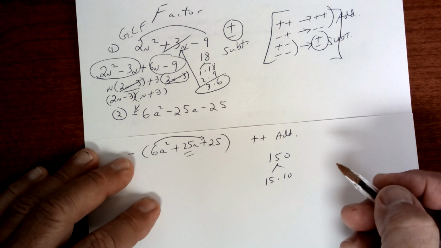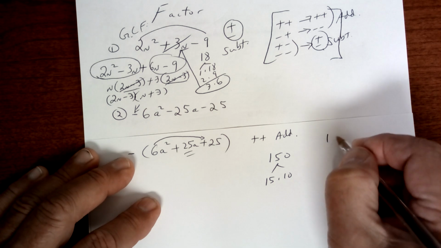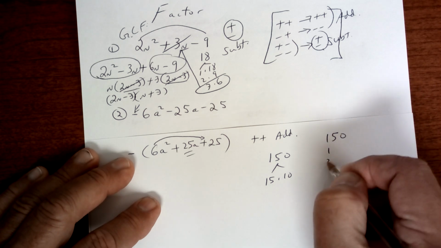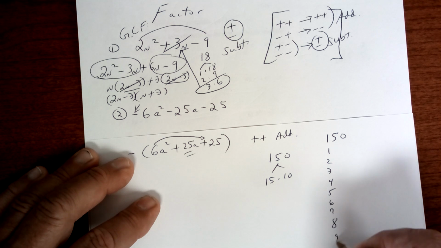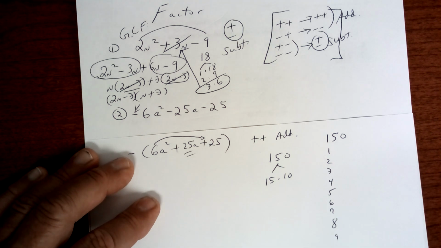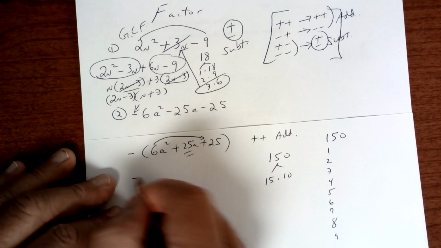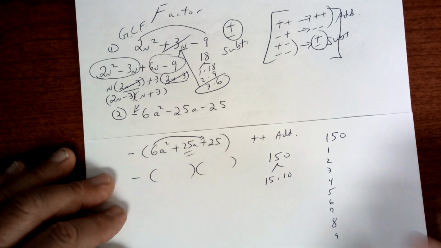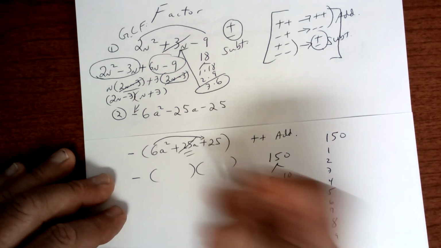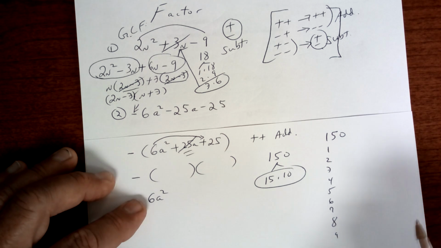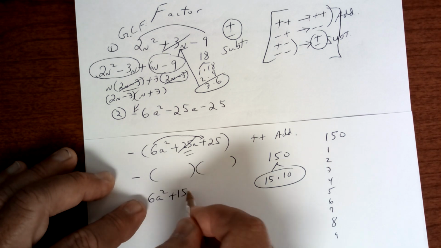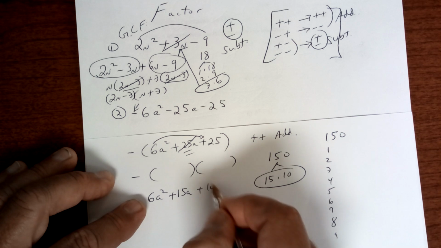But let's say you didn't know. If you didn't know, then you'd have to do 1, 2, 3, 4, 5, 6, 7, 8, 9, all the way down to 15 until it worked. But I got it, figured it out. So here you're going to change that with these two. So you're going to say 6a squared plus 15a plus 10a plus 25.